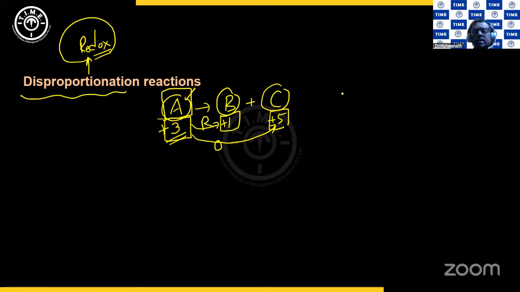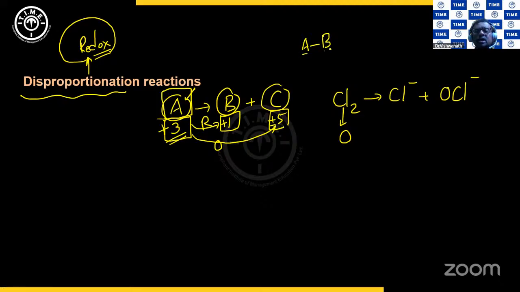So let us consider chlorine turning into chloride and hypochlorite. Now here chlorine has an oxidation number of 0 because it is an element. See, for any oxidation number, there need to be two different elements. Suppose A is attached to some B, right?